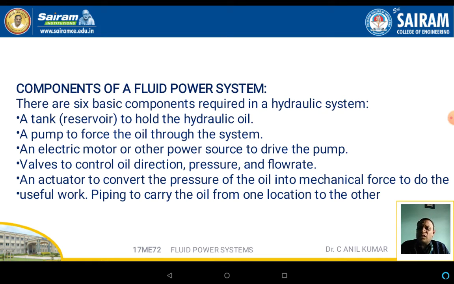An electric motor or other power source to drive the pumps, valves to control the oil direction, pressure and flow rate, and actuators to convert the pressure of the oil into mechanical force to do useful work. Piping is used to carry the oil from one location to another.